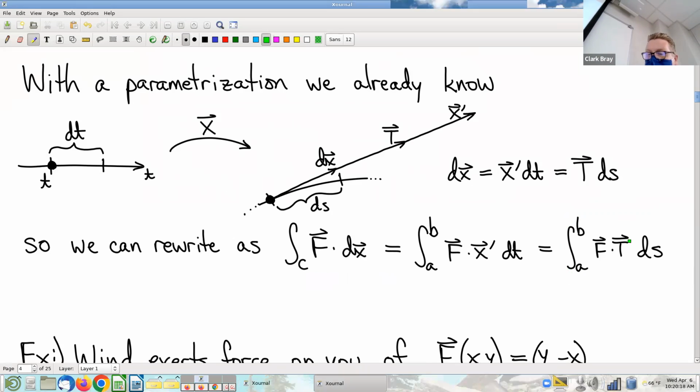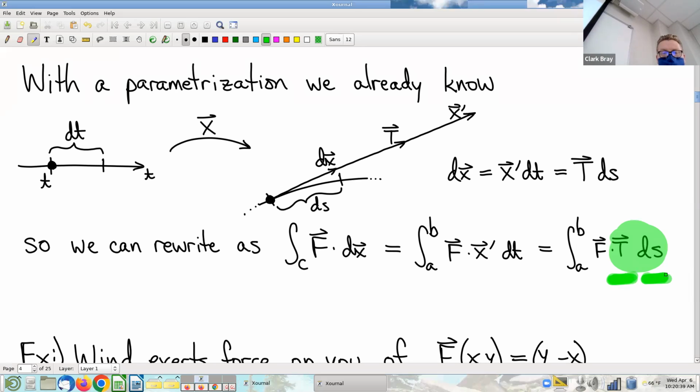Point being, this T ds over here, the T is the direction that the curve is going. The ds represents how long the curve goes in that direction over the piece of curve that I'm talking about.